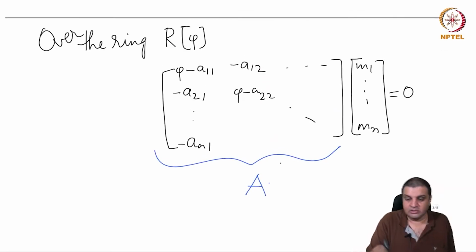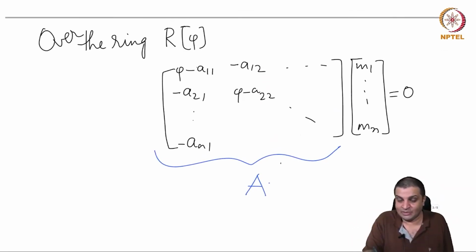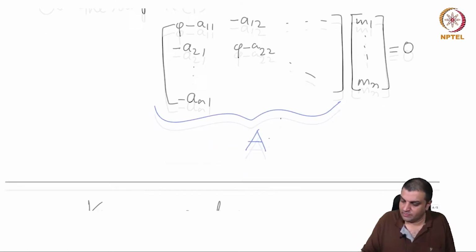This is where the expression looks exactly like the way we would construct the characteristic polynomial. It is just a polynomial in phi, where the entries come the way we compute the determinant.